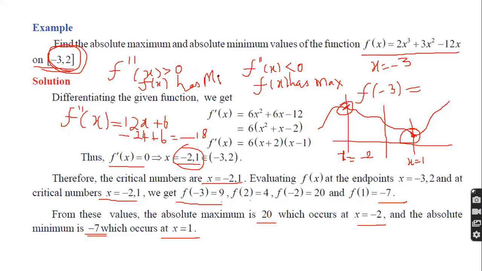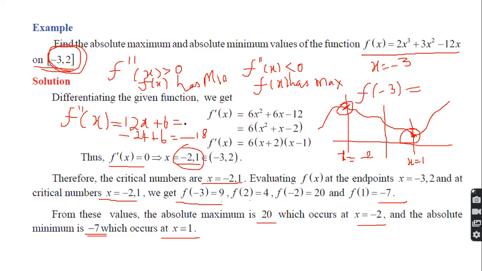Okay, we can check it. If you substitute x equal to plus 1 here in f double dash of x, you get 12 plus 6, which is 18.